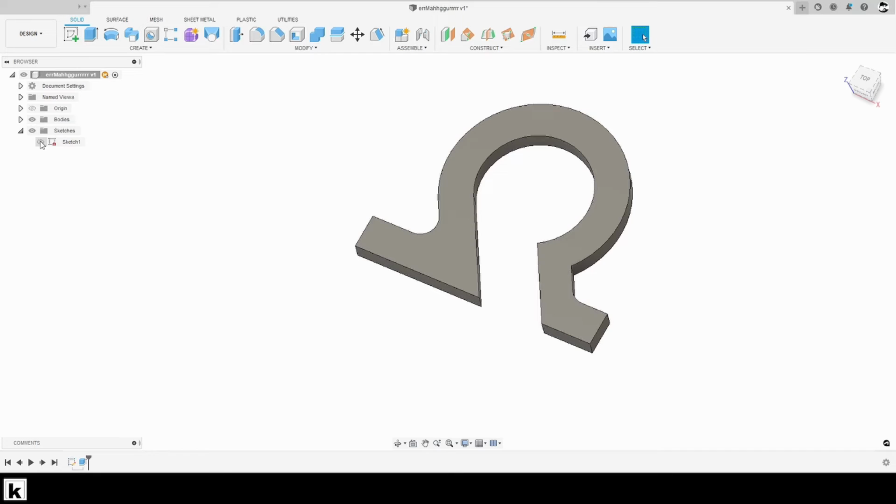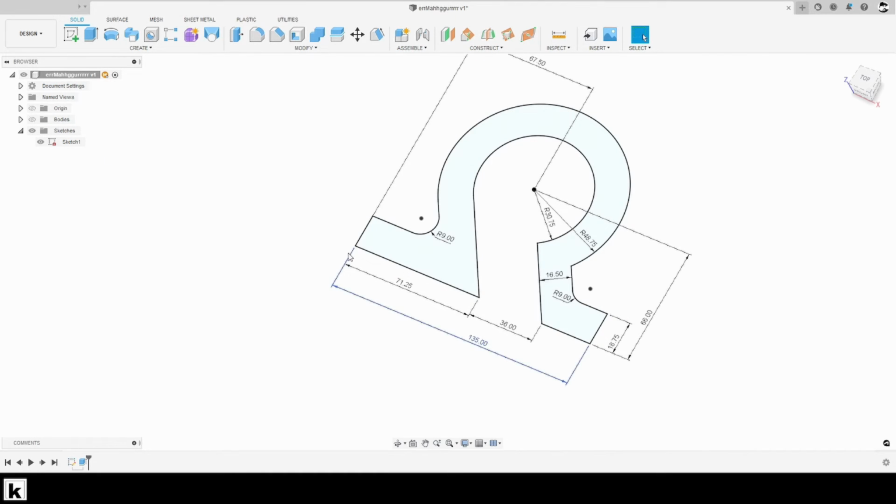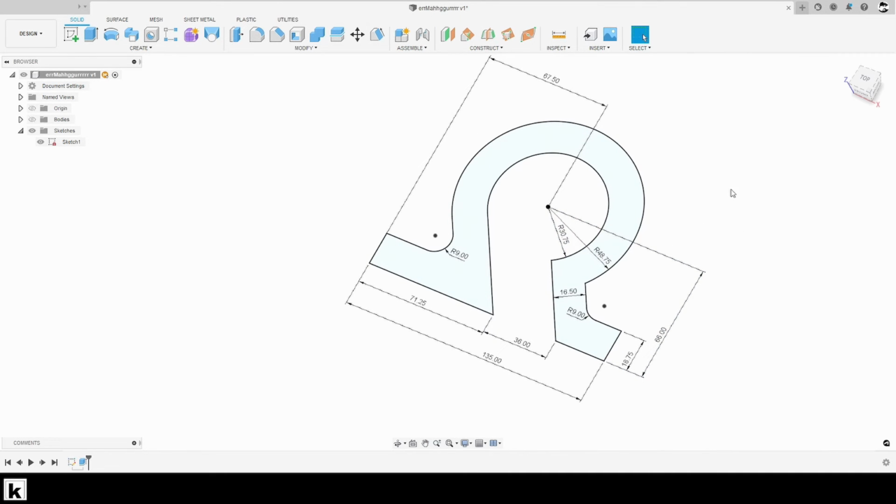So we know everything is constrained because all of the lines in our sketches are black. And that means all of the lines and all the measurements themselves are referenced to a physical spot in space, or to themselves and to a spot in space.